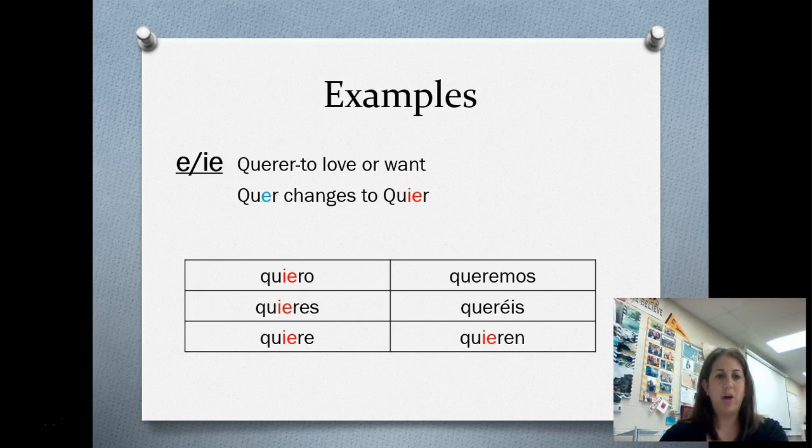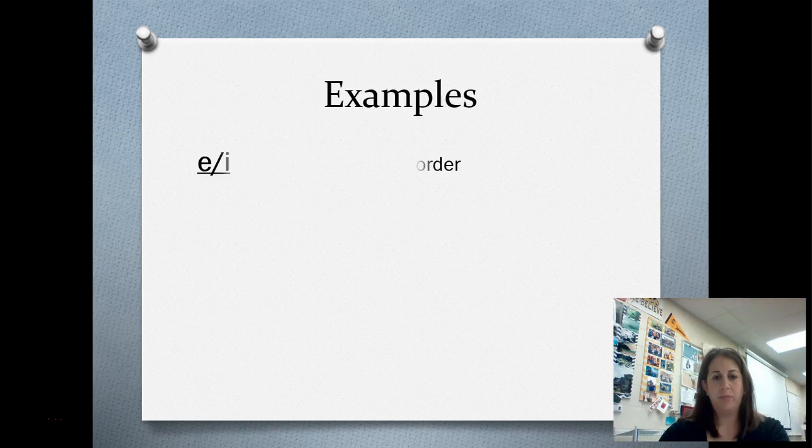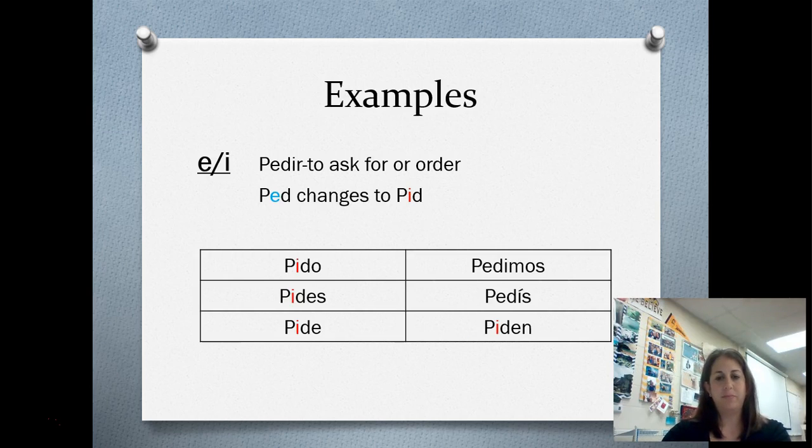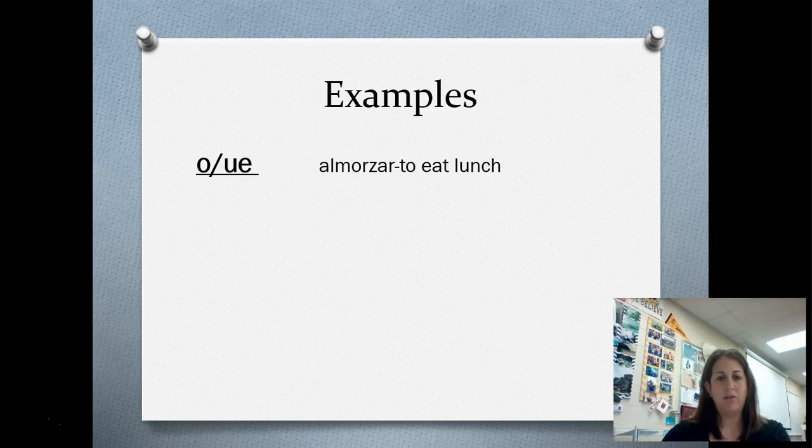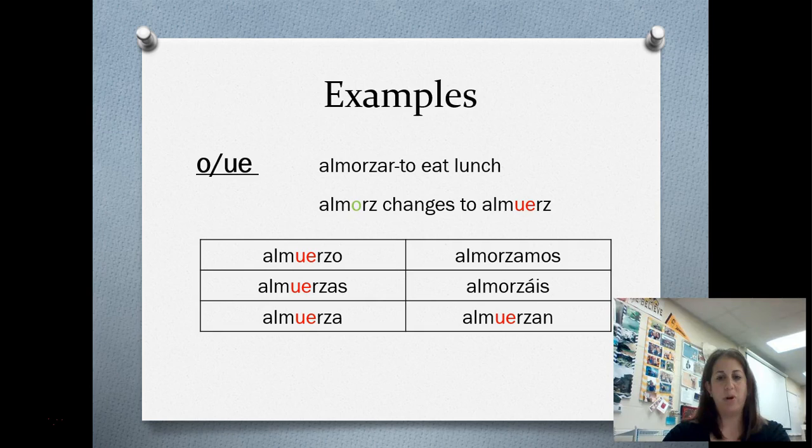So here's an example of an E to IE stem changer for our verb querer. Since it's an E to IE stem changer, then we are going to have that spelling change in the boot. Another type of stem change is E to I, for example, pedir. So there's our stem change. Another type of stem change is O to UE, which we saw in our example, recordar.